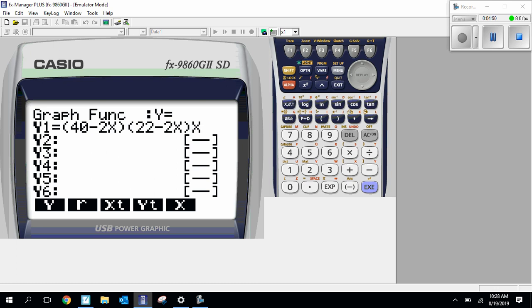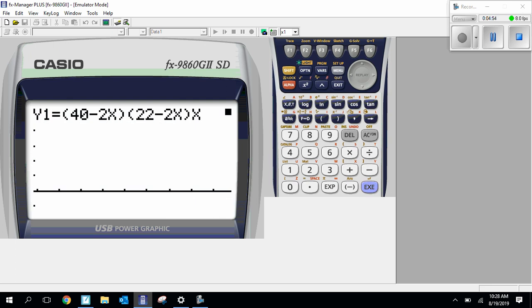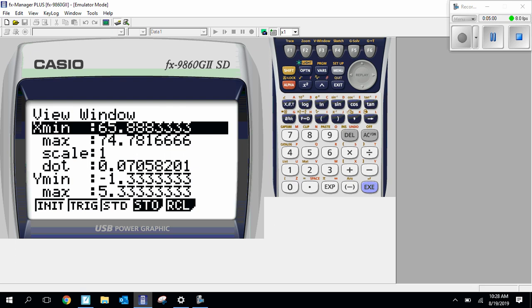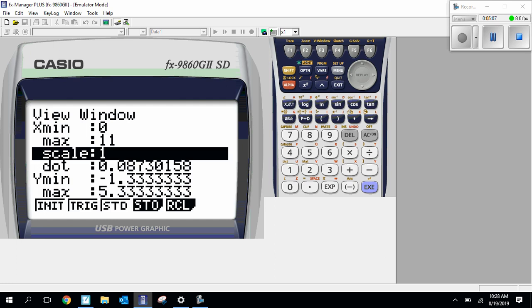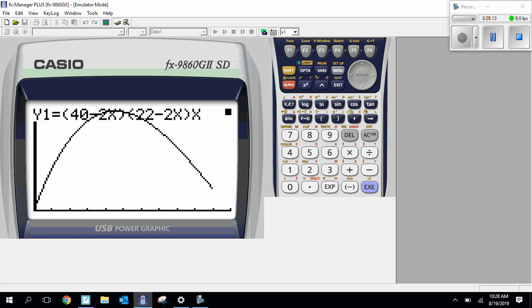Write out the whole equation. And we'll draw it, but we got to fix our window. So we go to V window. We said our x's can be from 0 through 11, half of the smaller dimension. We don't need to set the y's because we can do zoom auto y set once you have the x set. So there's our graph.